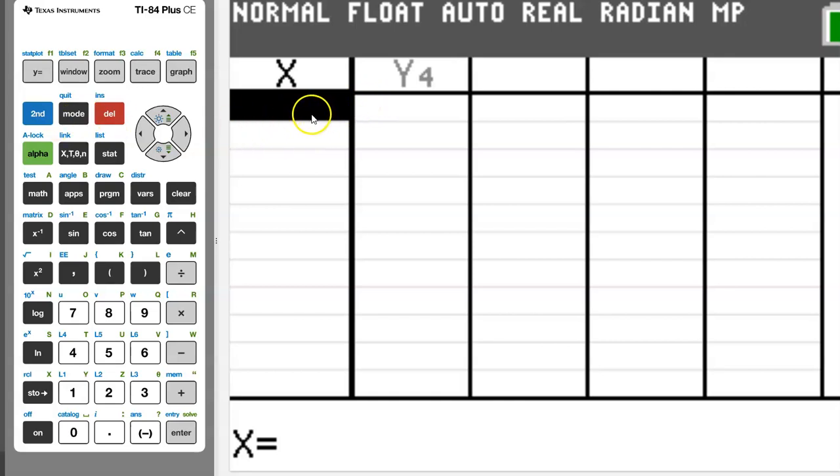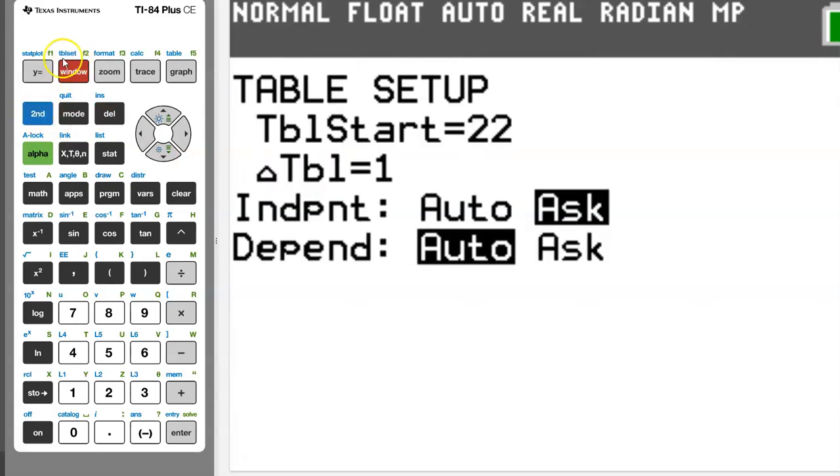Because if you hit second table, you're probably going to see just a bunch of values listed all the way down. So first I actually hit second window to get at the table set. And what's important is you want the independent variable to be set to ask, and the dependent is set to auto. All right, that will give you this nice feature that I'm showing you now.